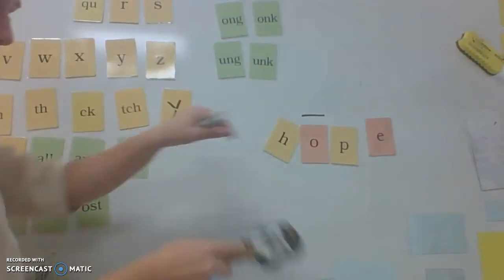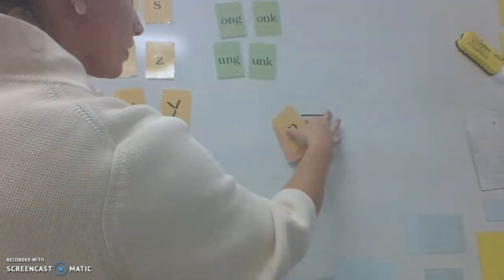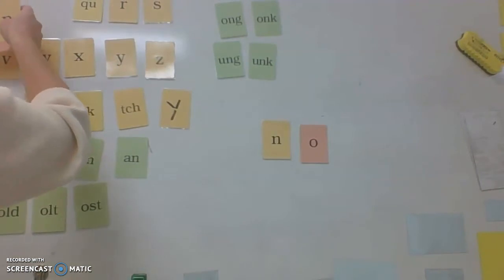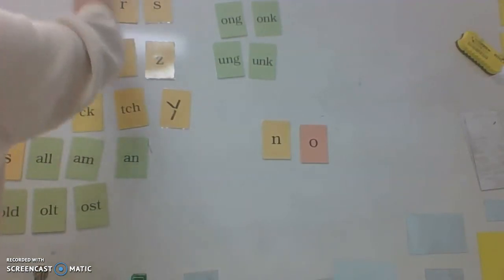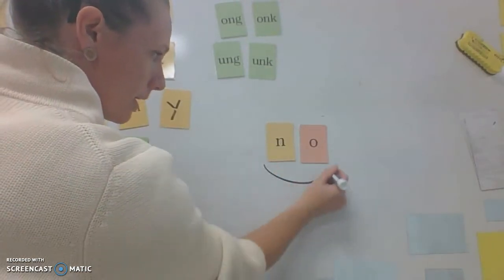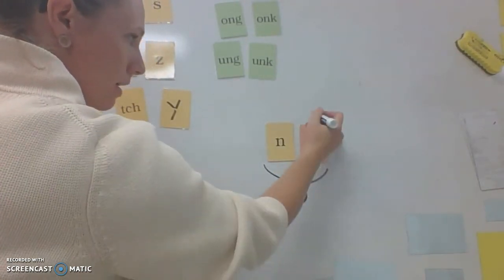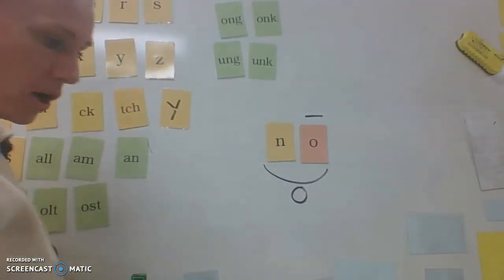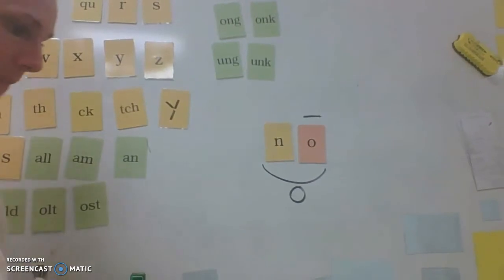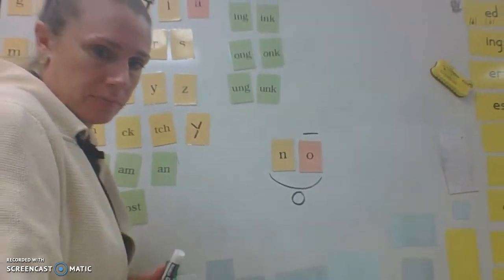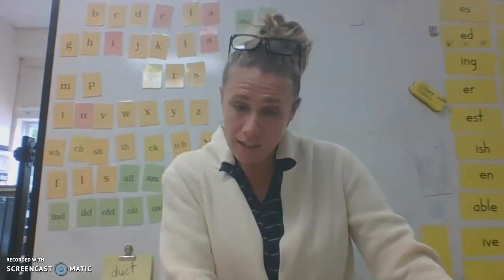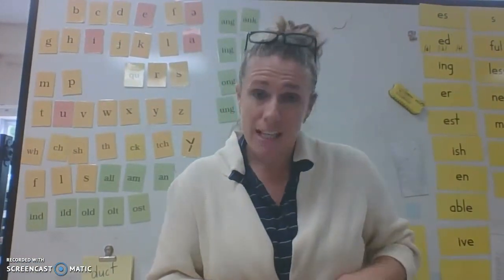Okay, and there's one more syllable I want to show you. What kind of syllable is this? Yeah, it's open. So we would mark it like this, O for open, and it's also a long vowel when it's open, says no. Okay. So my friends, you did learn one other syllable type.